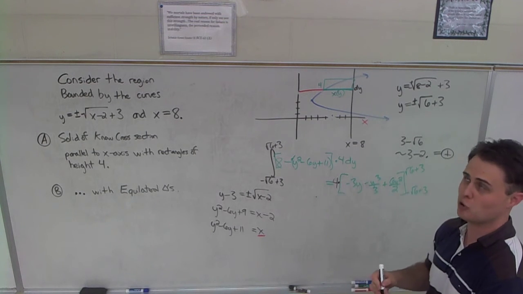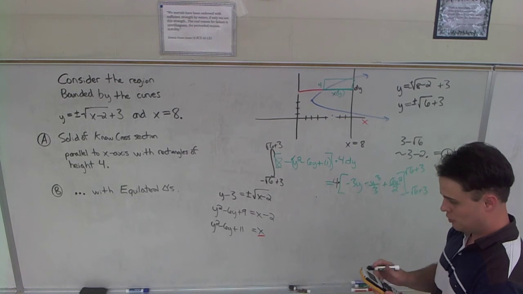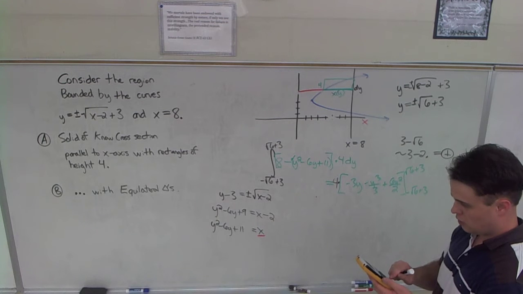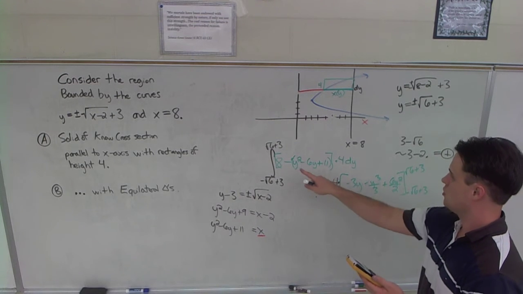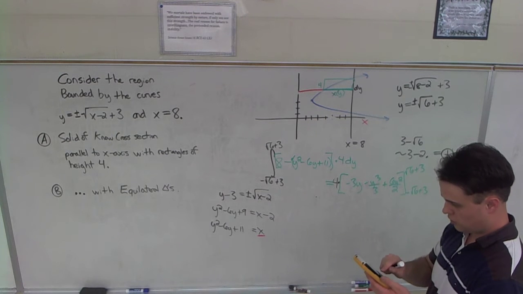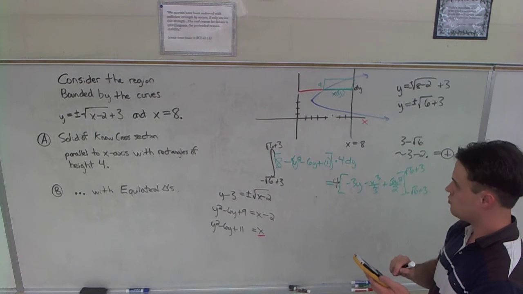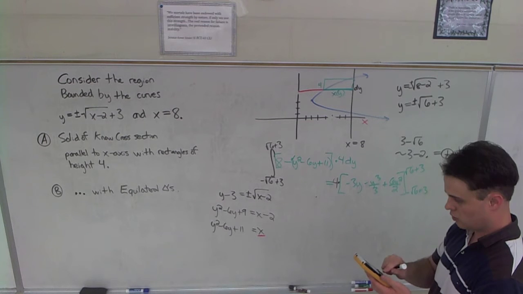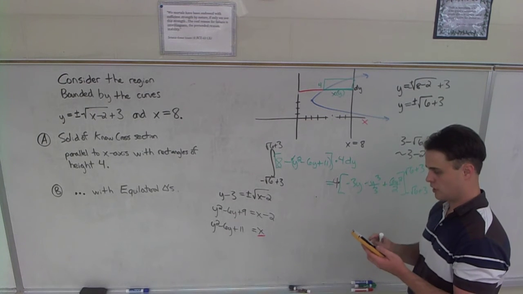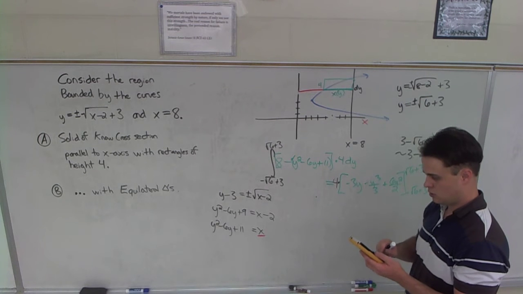Don't want to forget our 4, or I won't have any volume. That would be bad. Let's see, we're going to go 8 minus 11, I'm just going to say that's negative 3, minus y squared, I'm just typing in x squared in my calculator, plus 6x, or 6y, however you want to say it, dx.